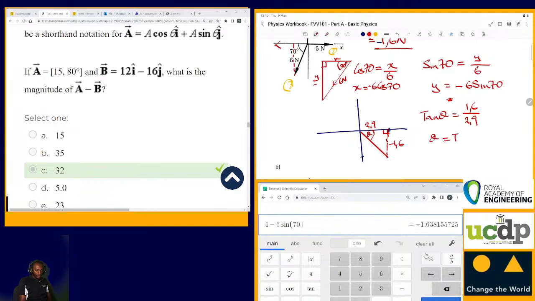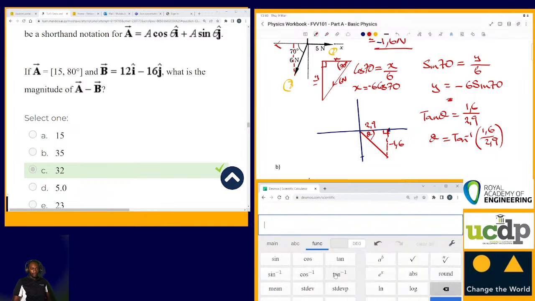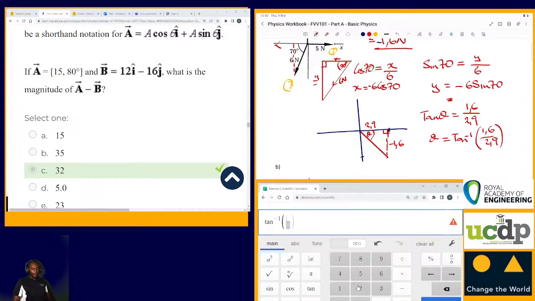So theta is equal to tan inverse of 1.6 over 2.9. And punch that. We get 28.9.